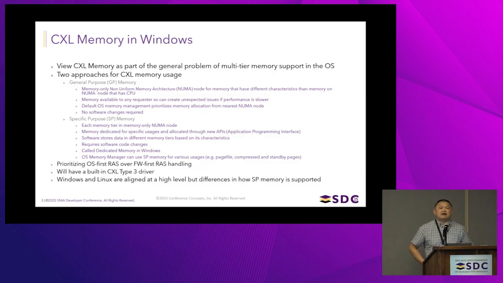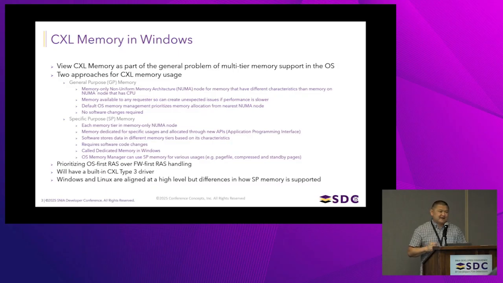For CXL memory, the way we view CXL memory in Windows is as part of the general problem of how do we support multi-tier memory in the OS. So in general, there are two approaches for CXL memory usage. In the first approach, CXL memory can be used as general purpose memory, or GP for short. When CXL memory is exposed as GP memory, our expectation is that the memory is in memory-only NUMA nodes.